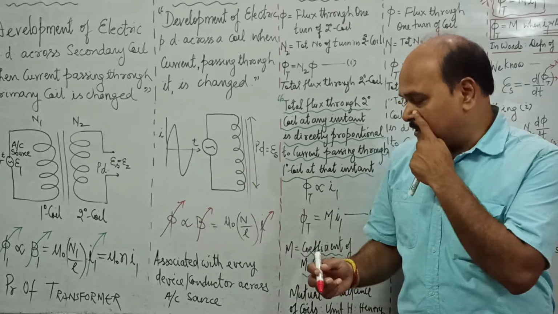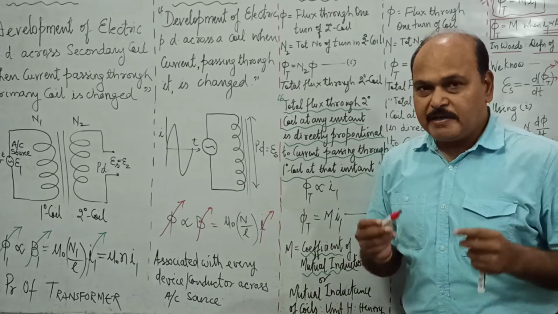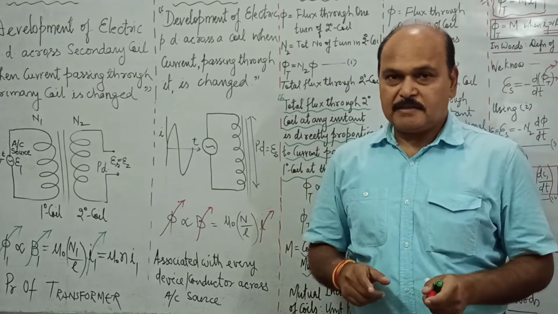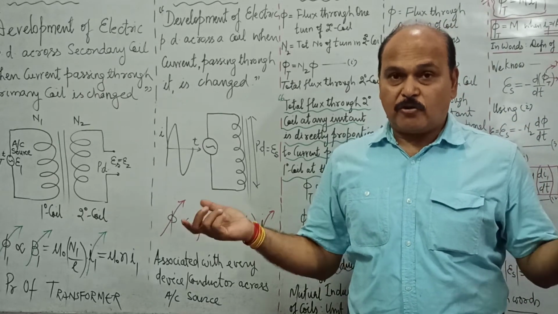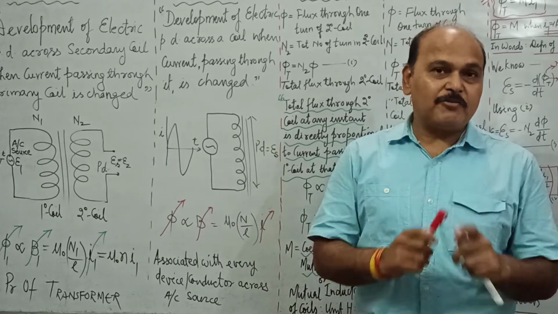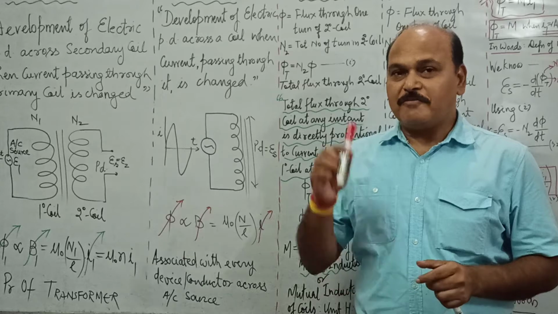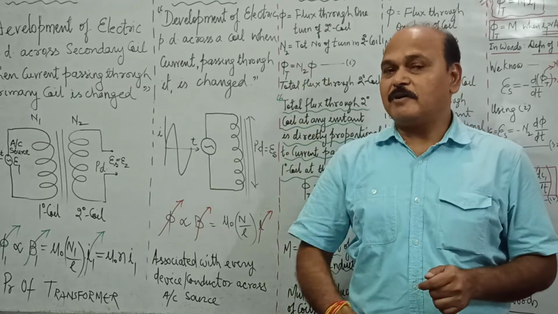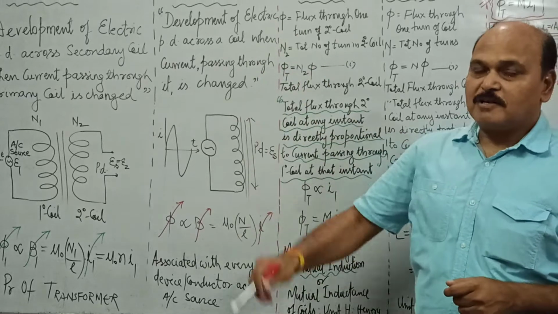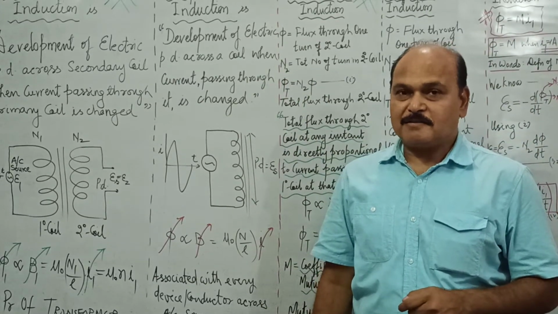This phenomenon is associated with every conductor or every device used in AC. In our homes, we have AC as the source of electrical energy, and all devices work with AC. So every device, even conducting wires, are associated with this phenomenon, called self-electromagnetic induction.